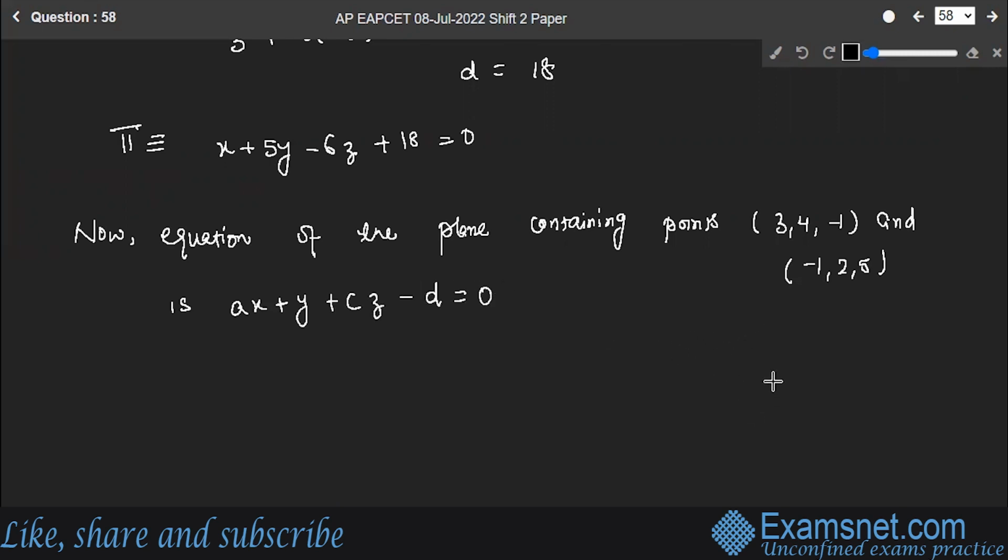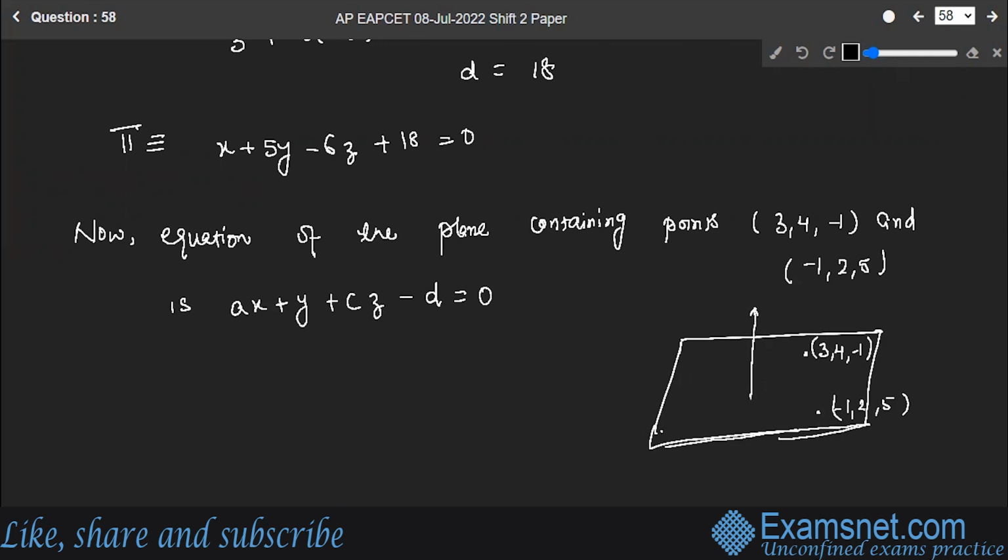Let's make it over here. So this is the plane, and these are the 2 points, 3, 4, minus 1 and minus 1, comma 2, comma 5, which are lying on the plane.